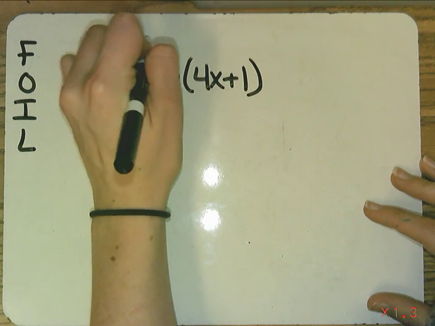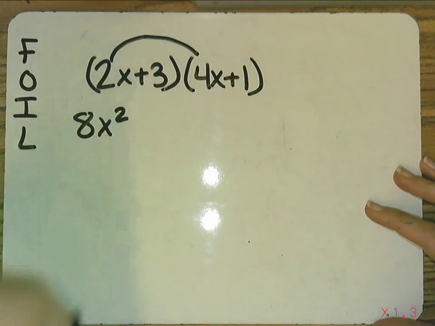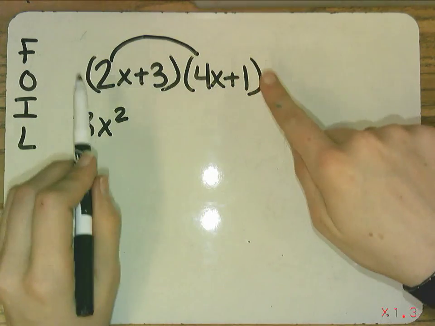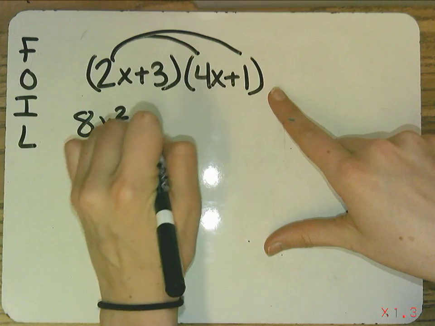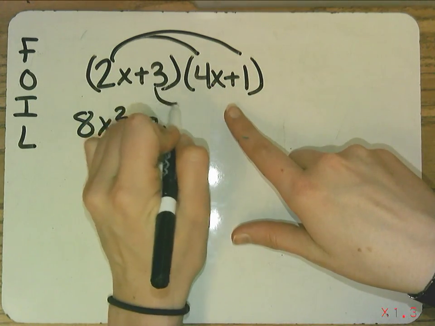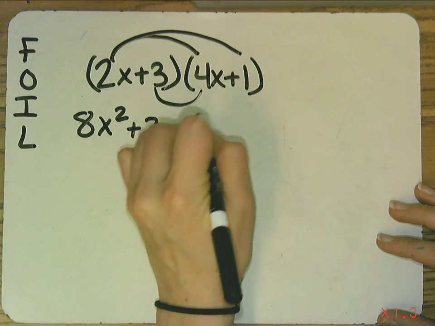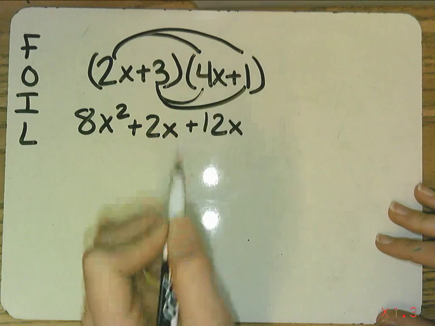So I multiply the firsts, which gives me 8x squared. Then I multiply the outer pieces, so I'll have plus 2x. I multiply the inner pieces, which gives me 12x. And then I multiply the last pieces.